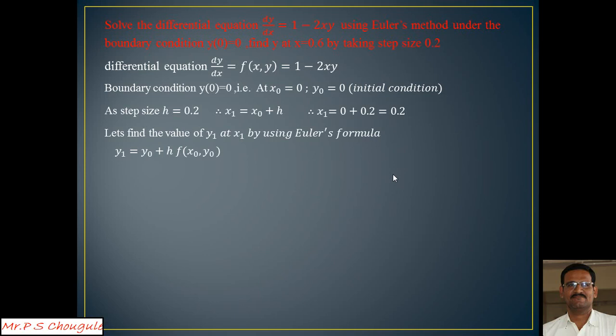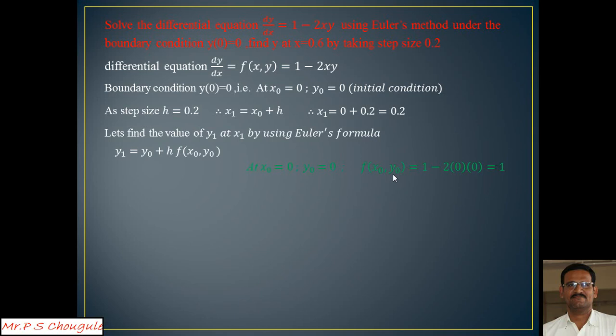And now f of x0, y0 we need to find using the equation 1 minus 2xy. In that we put the values of x0 and y0 at x and y respectively. At x0 equal to 0 and y0 equal to 0, we get f(x0, y0) equal to 1 minus 2 into 0, which gives the answer 1. So f of x0, y0 is equal to 1.